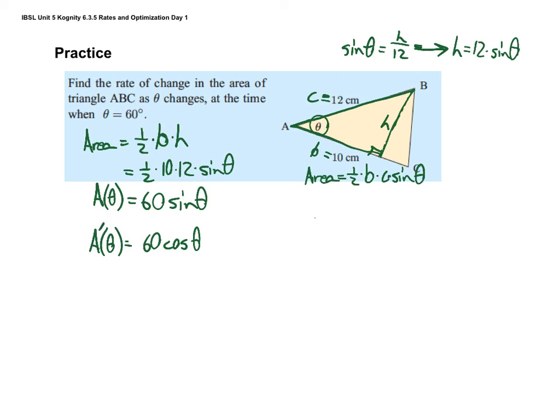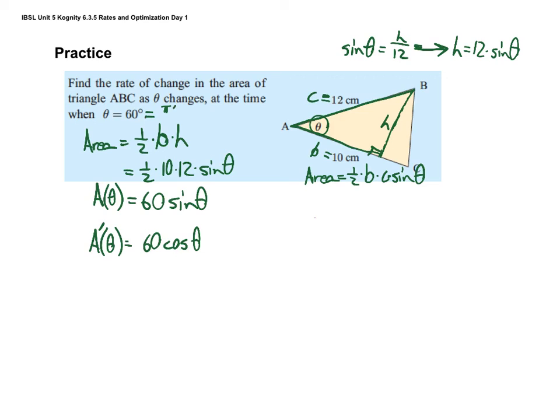Now, one quick rule here: in calculus, generally we use radians, because most of our rules are derived for radians. So what's 60 degrees in radians? Do you remember? Pi over 3.